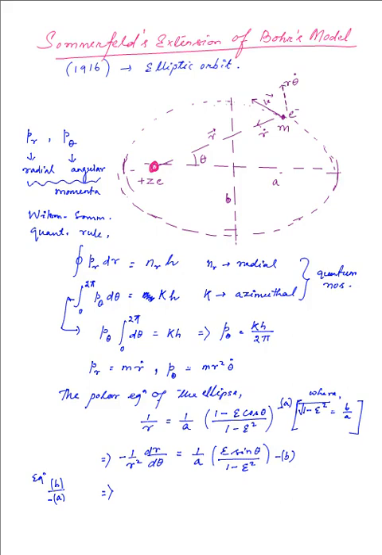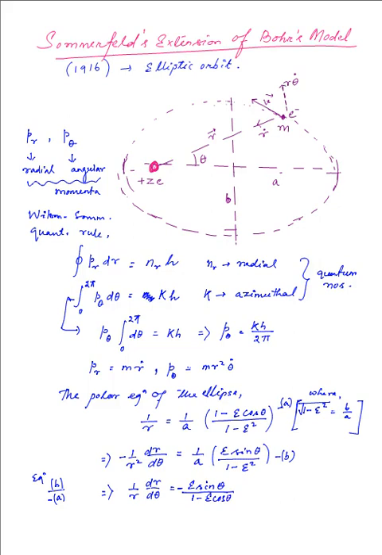What do we end up with? We get 1 by r dr by d theta, which remains as such. There is no division in that case. And over to the right hand side, the 1 by a's cancel out, e sine theta remains as such, and the denominator terms cancel out, and because I have divided by the negative of a, I can put a minus sign over here extra, and I have 1 minus e cos theta.